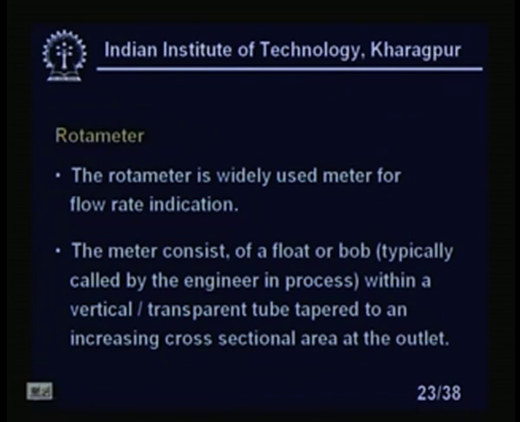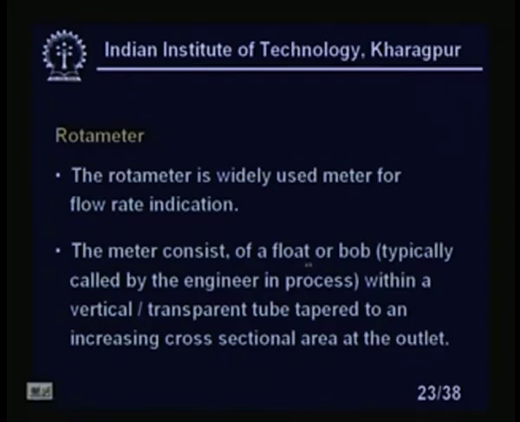It is within a vertical transparent tube tapered to an increasing cross section area at the outlet. It must be tapered, if it does not taper, that is not a rotometer. So, I will repeat, the meter consists of a float or bob within a vertical transparent tube tapered to an increasing cross section area at the outlet, right.